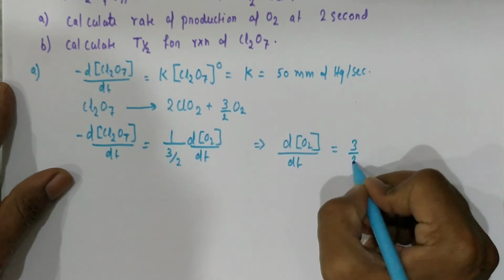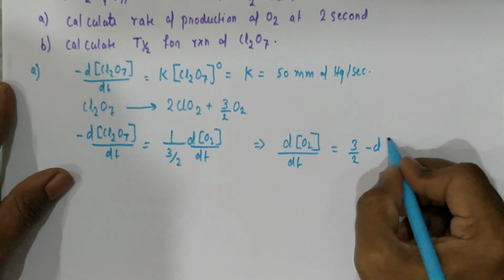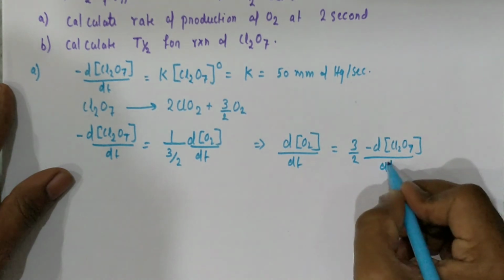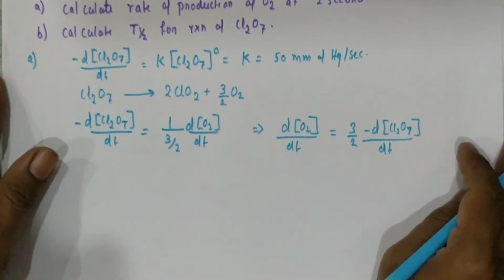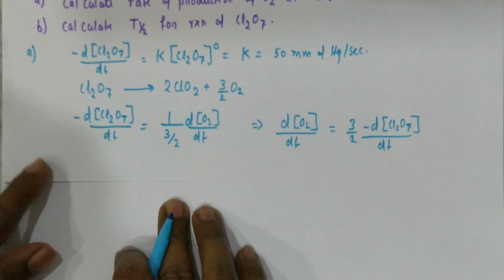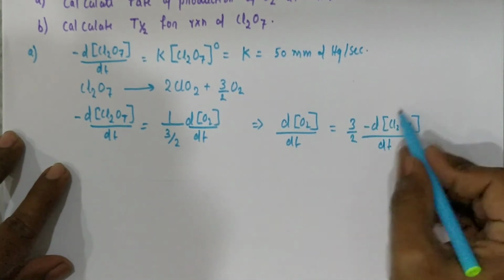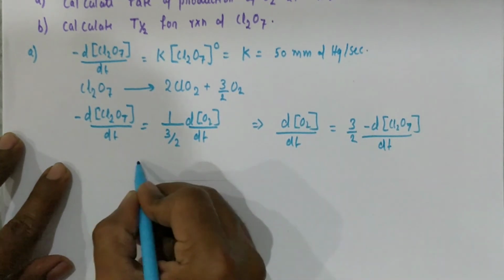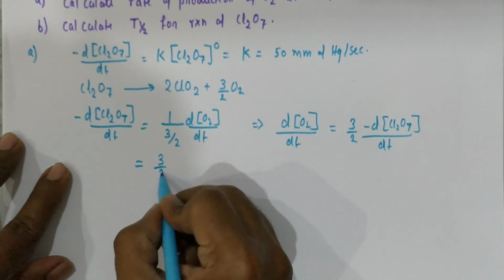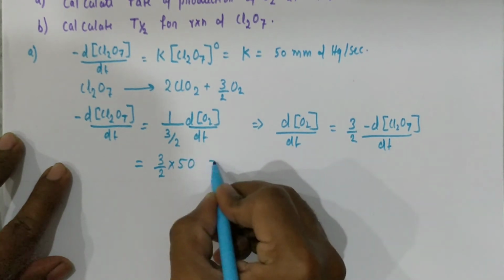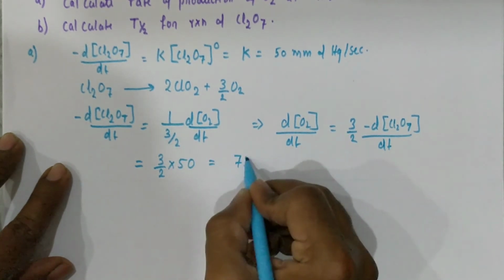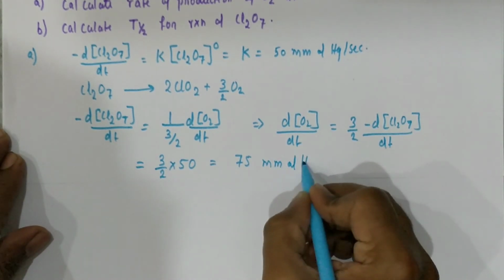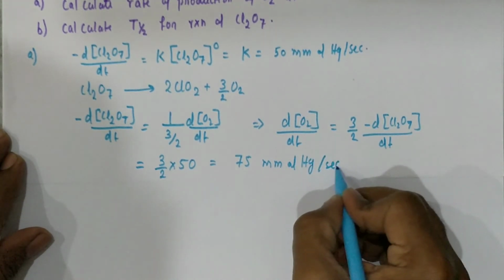That is equal to 3 by 2 into minus d[Cl2O7] upon dt. So minus d[Cl2O7] upon dt we have calculated, that was 50. So this now becomes 3 by 2 into 50, that is equal to 75 mm of Hg per second.